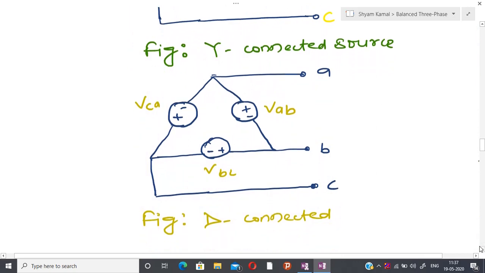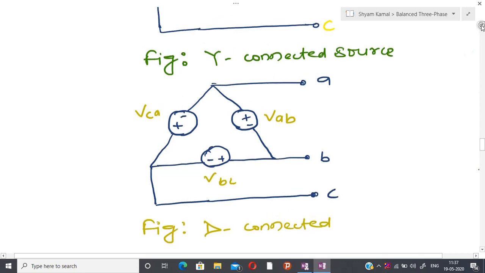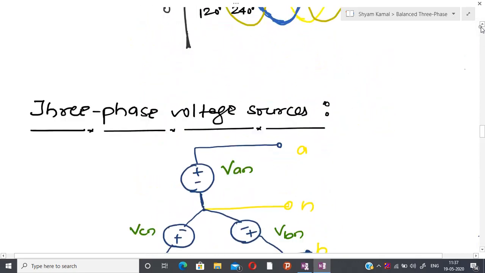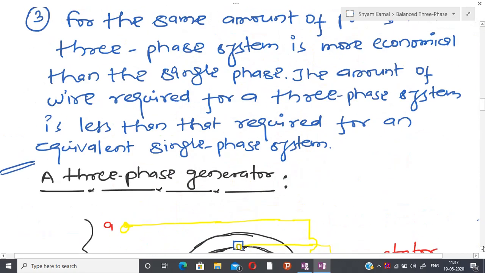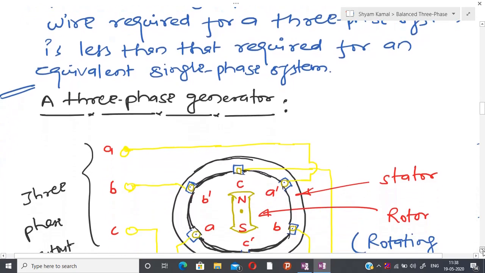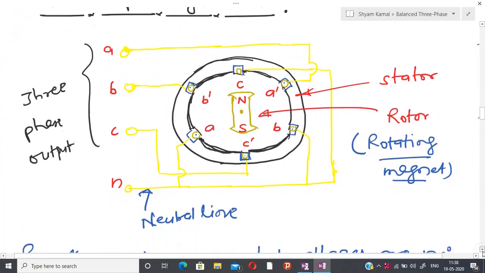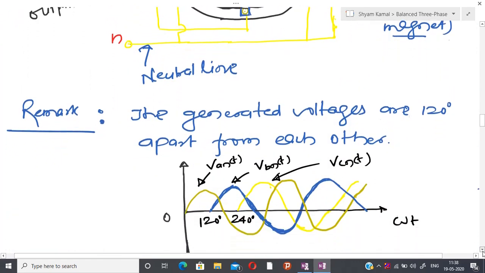During the first part of the course we have already seen that I can connect the resistor also in these two connections. So the same kind of thing we are doing here for the voltage source also.